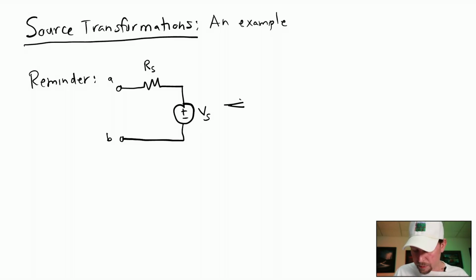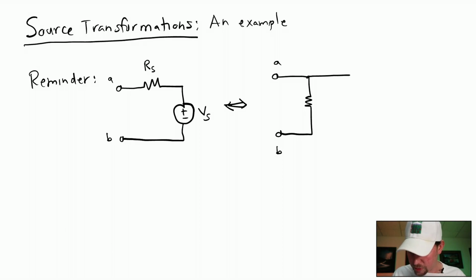You can actually replace this system with another equivalent one with respect to the terminals A and B, rather than it being a voltage source that happens to be in series with a resistor. You can actually replace it with a current source, not in series with a resistor, but in parallel with a resistor, like this.